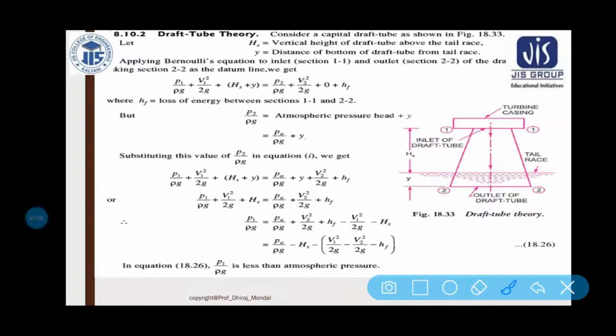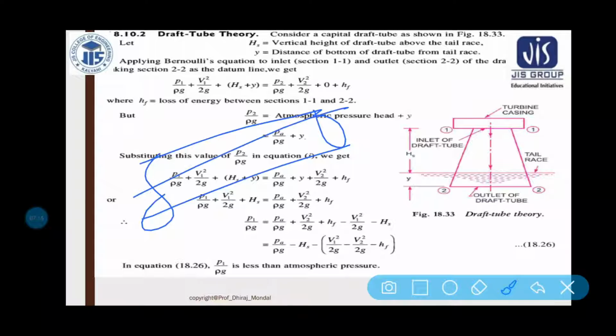You know Bernoulli's equation. What is Bernoulli's equation? Basically it tells that for steady incompressible flow, the total energy available at any section will be the same.